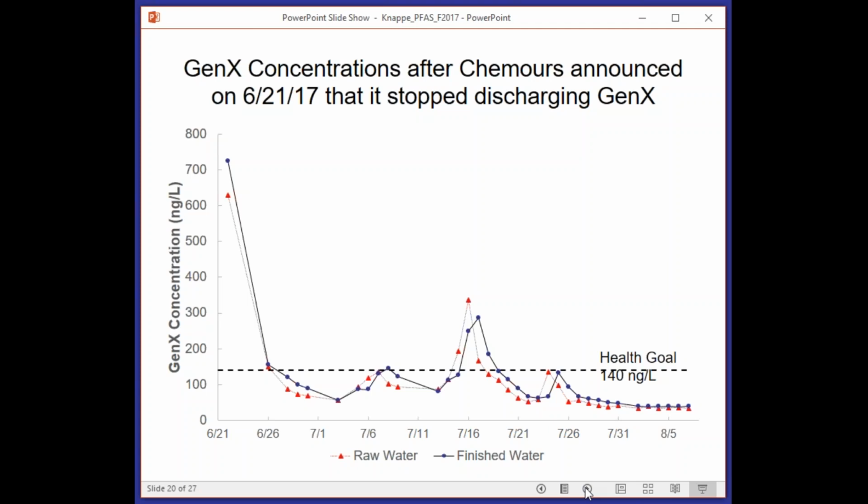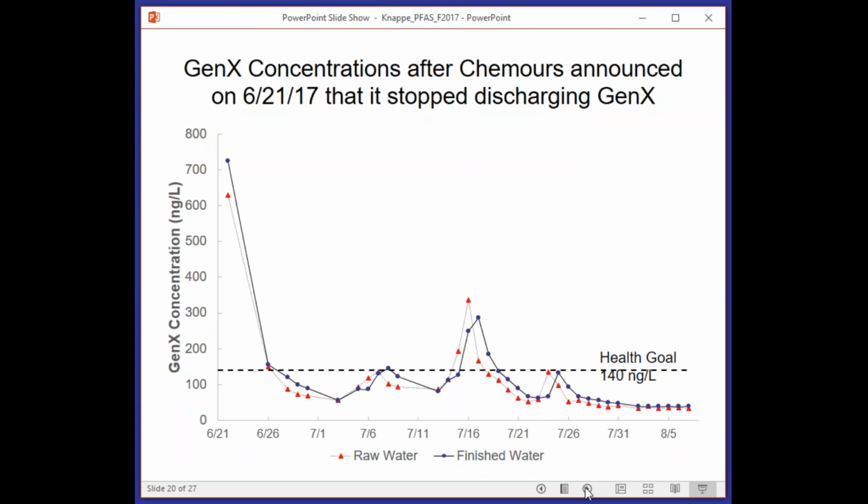And this figure shows the data that have been collected since that promise, and so we can see that the Gen X levels indeed dropped from the 600 to 700 nanogram per liter range. Here I'm showing raw water in red and finished water in blue for the community C water treatment plant.